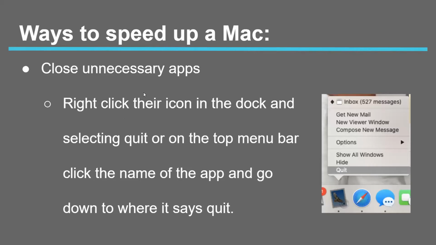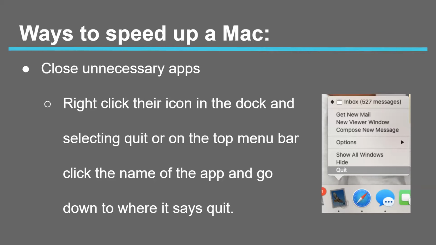Another thing, in the same vein as getting rid of open tabs. When we were talking about web browsers, if you have 70 tabs open, that's going to slow your computer down, especially with Chrome. Chrome eats up battery life, and it eats up RAM on your computer like crazy. So make sure that you don't have a ton of tabs open, and also make sure you don't have a ton of apps open.